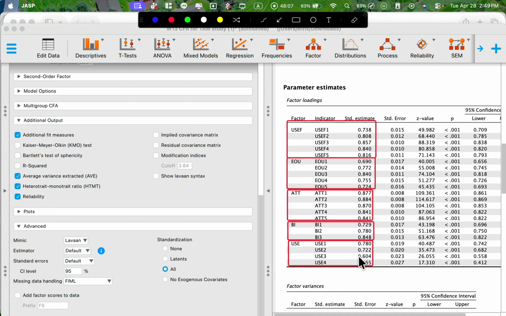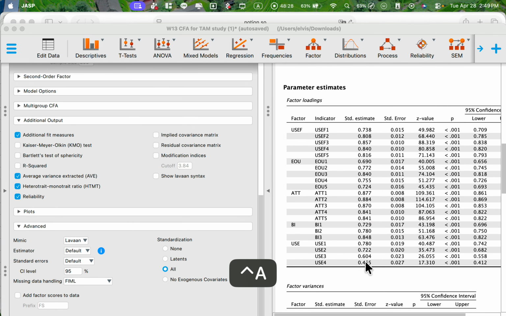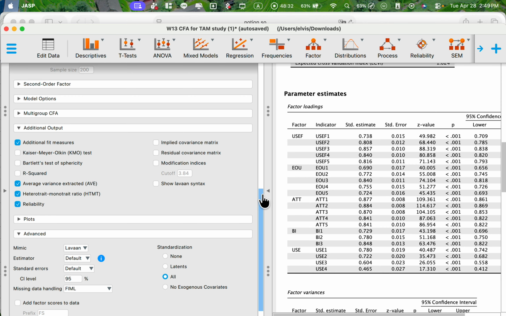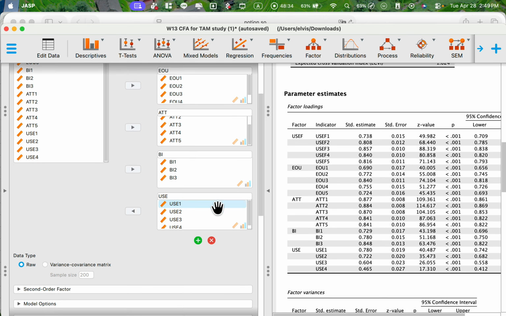Use 3 and use 4 are only 0.6 and 0.4. This is why the original model is not so good regarding the degree of freedom. So maybe we have to consider removing the items from the CFA. How about I try it this way? I move back to the usage.